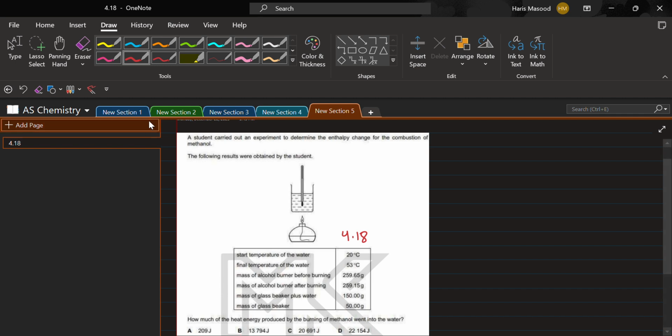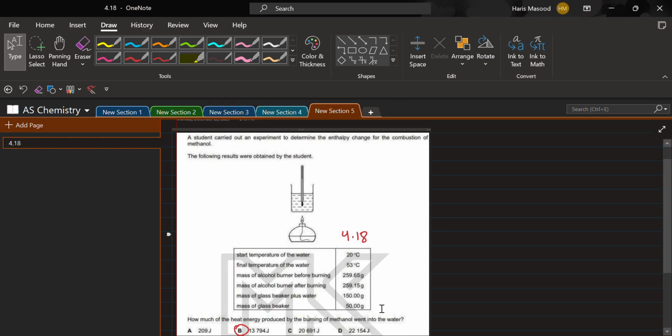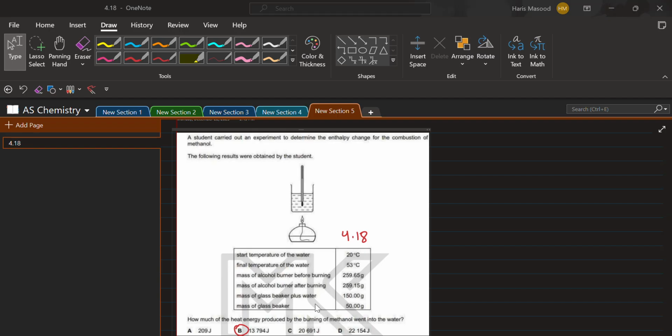So basically, Q equals m c delta T. We only need to calculate the mass of water, and there was no need to do anything with the readings of the alcohol.